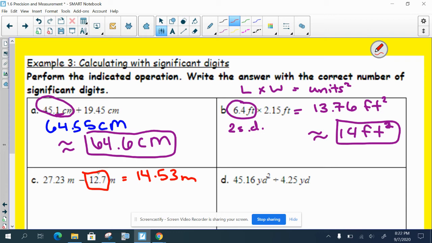And then based on this, you say, what's the decimal point, or what place value? And that would be the tenths place. So we want to round our answer to the nearest tenths place. So this would be 14.5 meters.